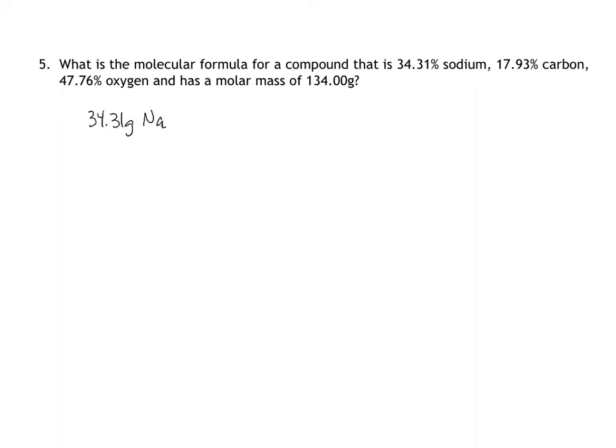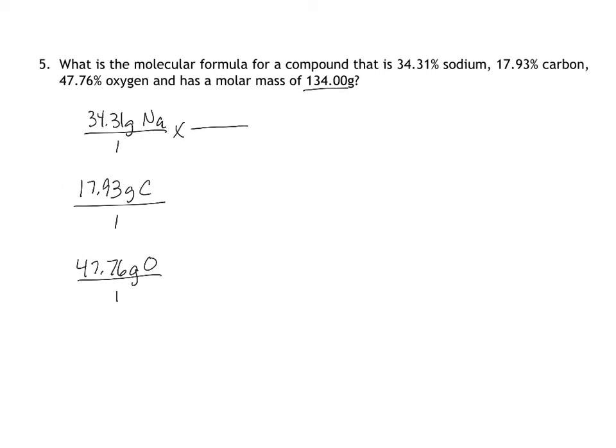And then I've got, put that over 1, 17.97%. Turn that into grams of carbon. The next one is 47.76% to mass, so grams of oxygen. And then I've got a molar mass that I need to find, which is 134, but we don't need that yet. So percent to mass I've done.